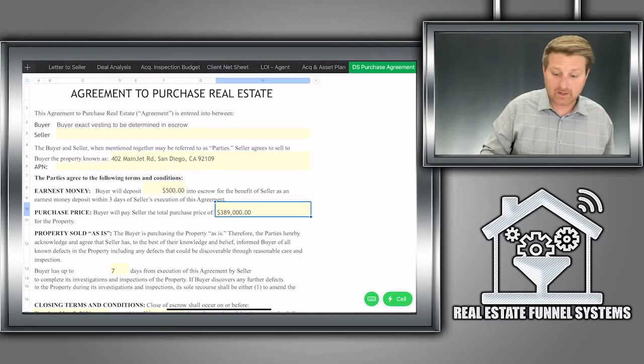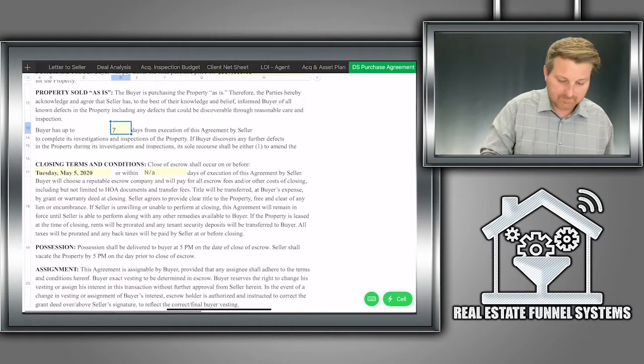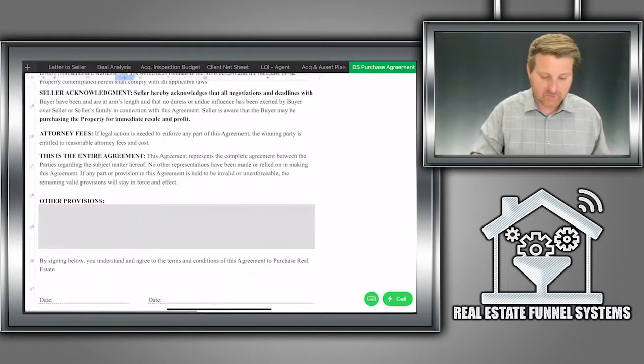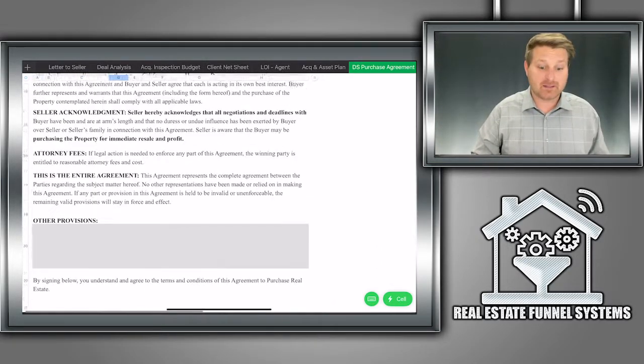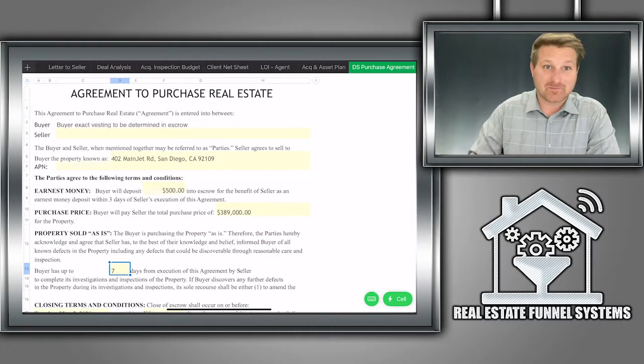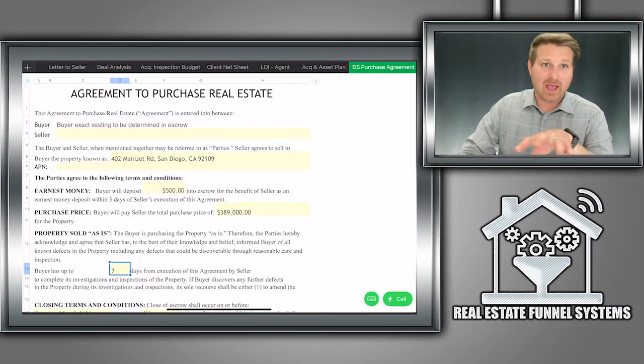The price is already auto-populated, and fill in just how many days inspection we need, and so on and so forth. Sign and send this offer off. Send it out to them. Okay, just that simple. So the iPad and the way we have it set up is really slick on this part of the process. You got to be efficient here. Okay, you got to know your numbers, you got to be confident, and you got to be efficient.